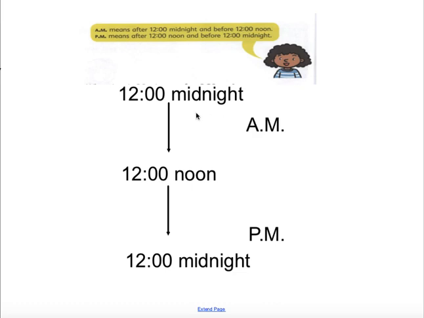That's how you have your AM: from midnight to noon, all your times are in the morning. And then from noon, 12 o'clock on, to 11:59, you have your PM times. I want you to really think of this visual about how our day starts. So 24 hours: here's 12 hours, another 12 hours.